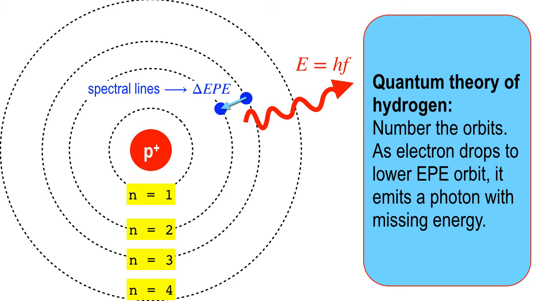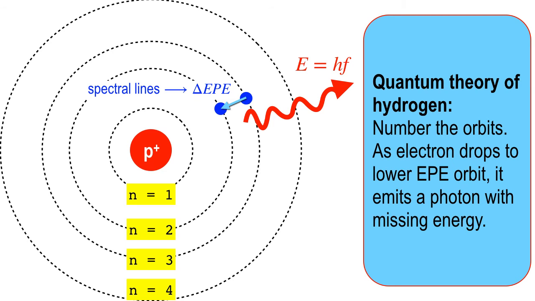That all comes from understanding the electrostatic potential energy of a simple hydrogen atom, which is a proton and an electron, very simple to model. And we've modeled it successfully. The photon that goes out has a specific energy related to its color, wavelength, and frequency, which we've talked about a little bit in terms of waves.